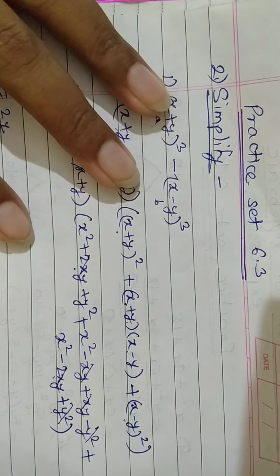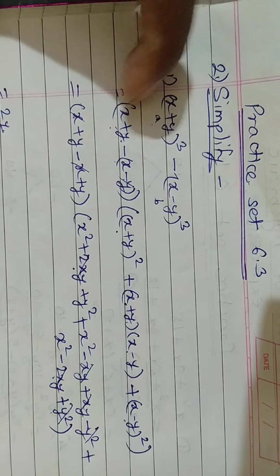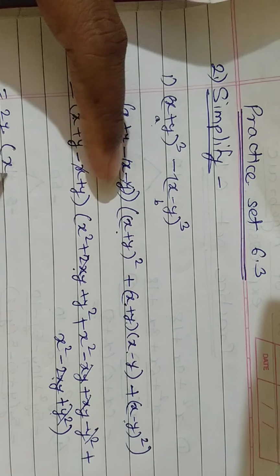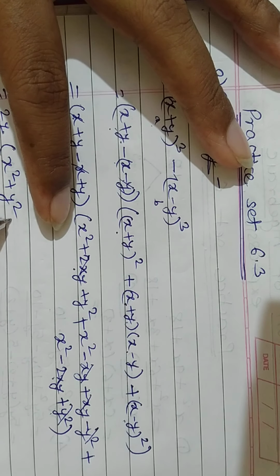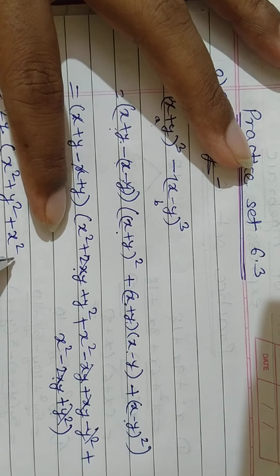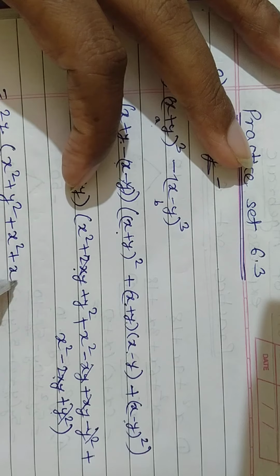Minus xy plus xy will get cancelled. Then minus y square plus y square will get cancelled. Now what is remaining? We will write that. See 2y inside the bracket, x square plus y square plus x square plus x square.